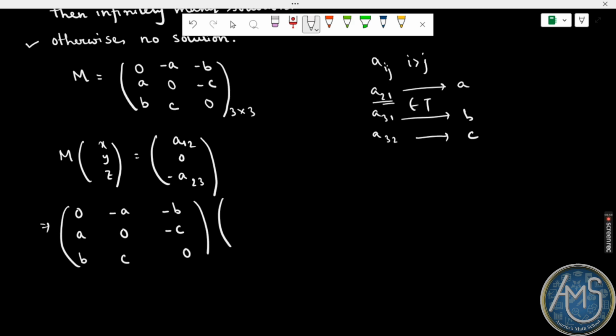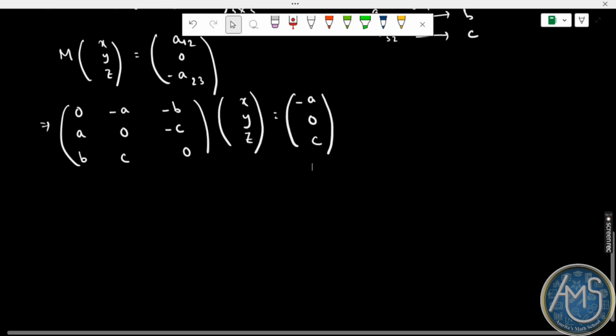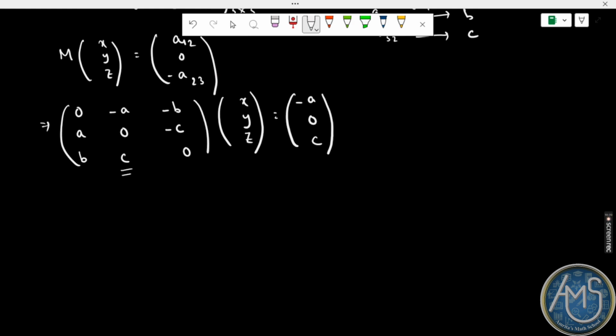A12 means minus A, then 0, and minus A23. A23 means this, so C. So you can clearly see that this second column and this B are exactly the same.